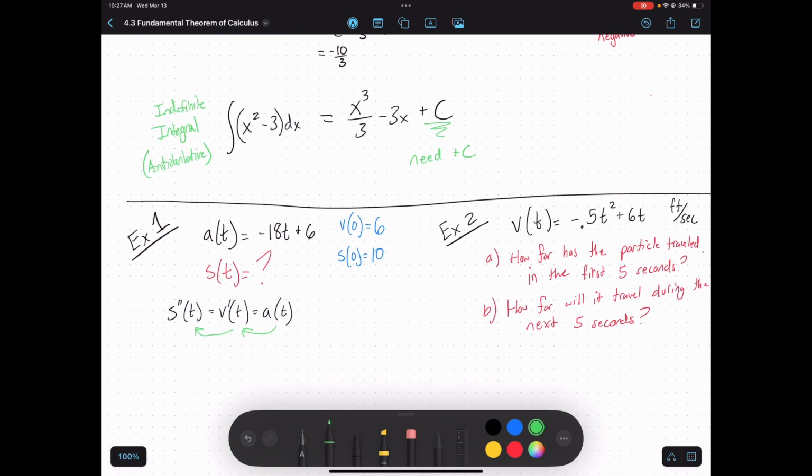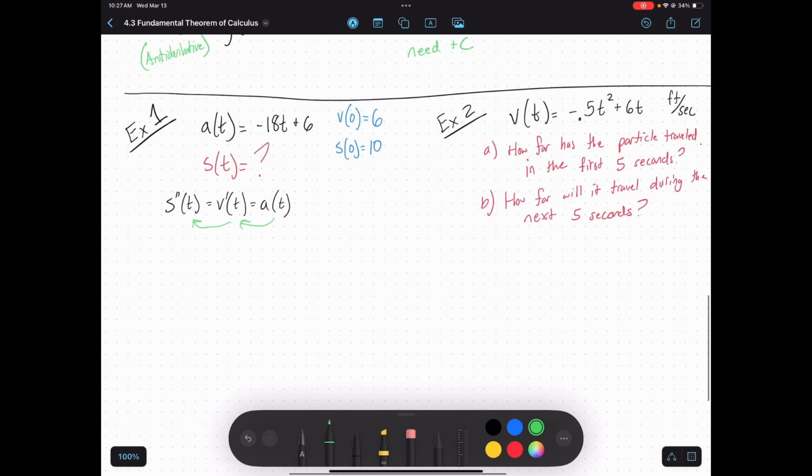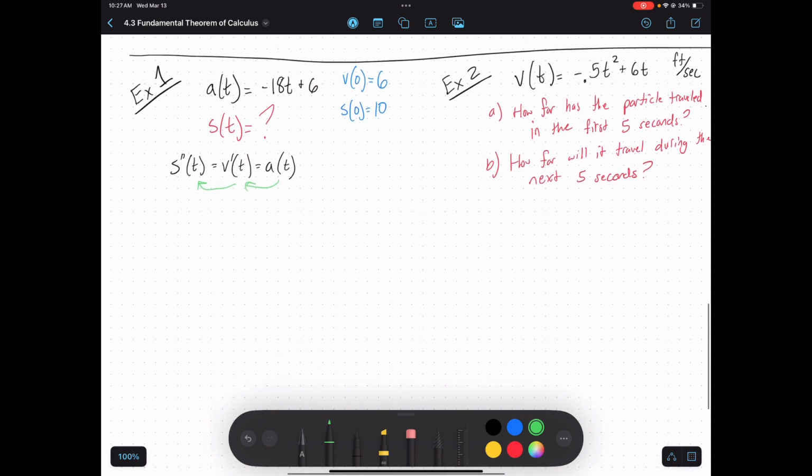For example 1, since we're finding a function, we're just finding the indefinite integral here. We're just finding what the antiderivative is. The tricky part about it is that we have to do it twice. If I want position, I have to find the antiderivative twice. So all I'm doing here is finding an antiderivative. So this example 1 is an indefinite integral.